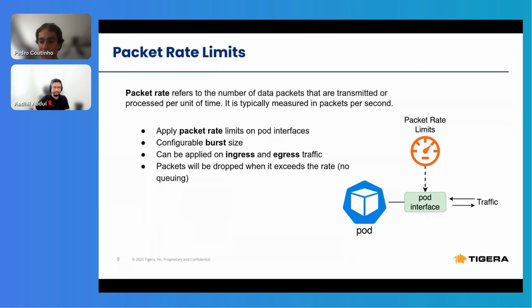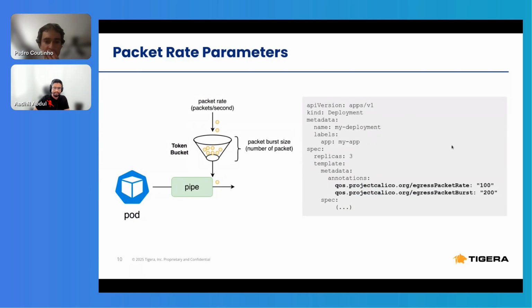The main difference is that packets are not queued when they exceed the rate, so they're dropped, and that also makes it so it doesn't make sense to have a configurable peak rate for that. Annotations work pretty much the same. That's how you configure it.